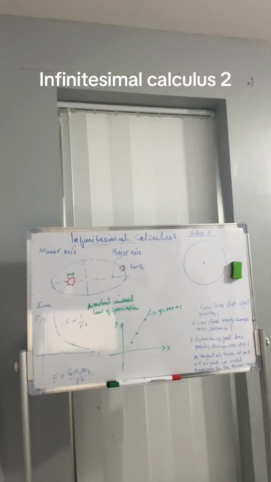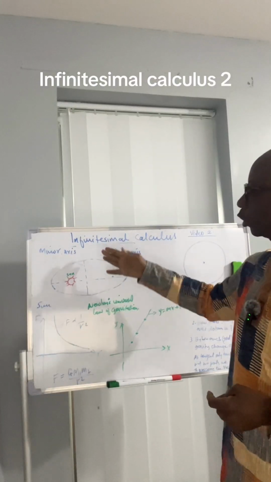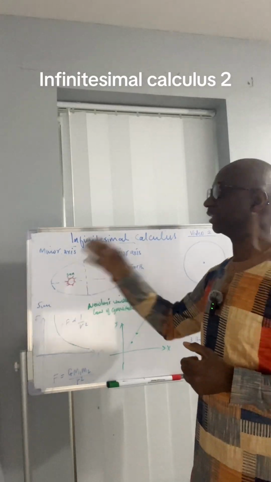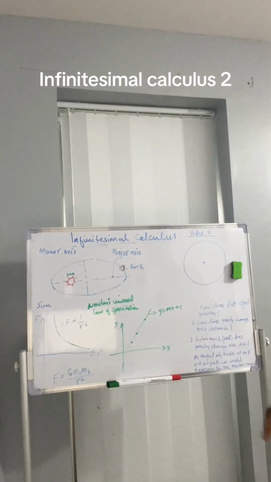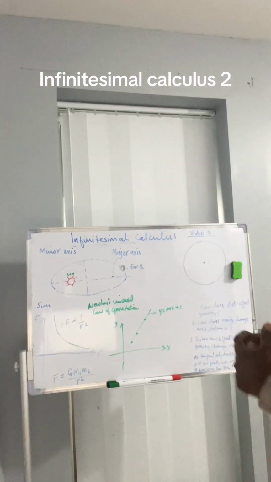What does that mean to us? It means when the planet is around here, close to the sun, its speed increases. It's fastest. Any planet, when it's closer to the sun, its speed increases.